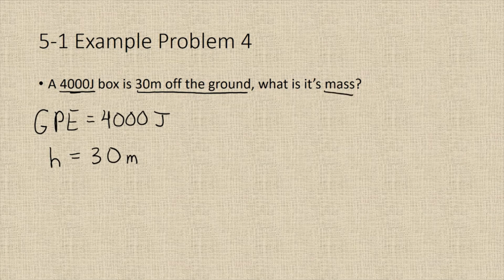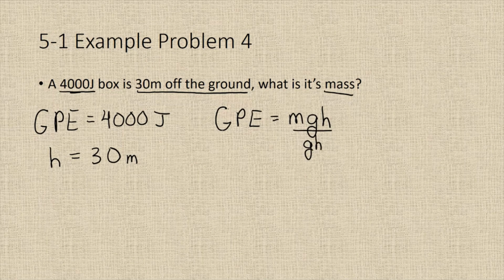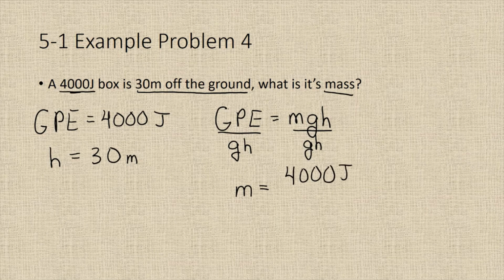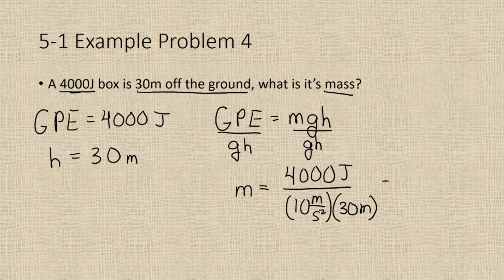And so to get the mass, gravitational potential energy equals mgh, divide both sides by gravity and height. So the mass is going to be equal to 4,000 joules divided by gravity. We're just going to use 10 to make the math a little bit easier here, by 30 meters.